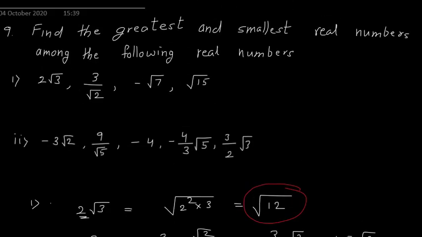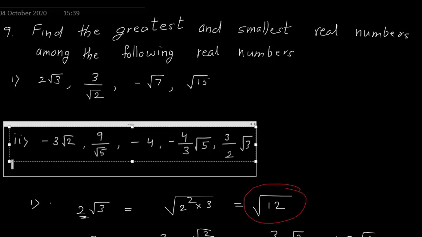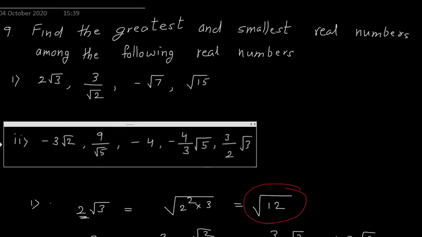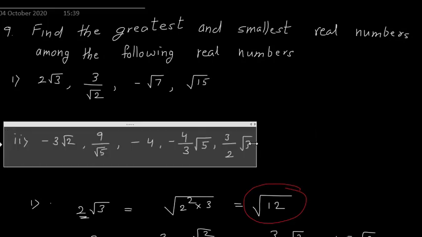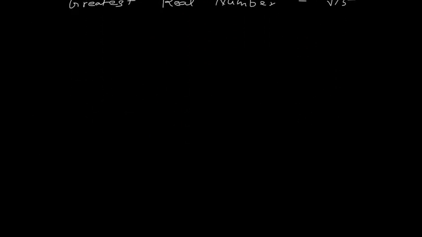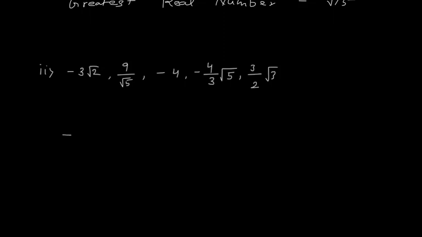Now the second problem, let us solve this problem also. Copy this problem here. Now minus 3 root 2, this can be written as minus root of 3 square into 2, which is minus root 18.